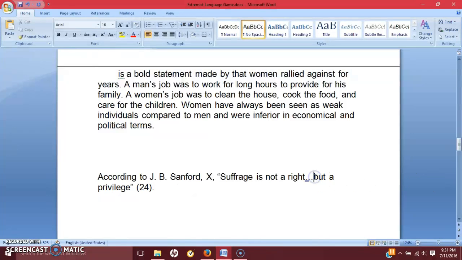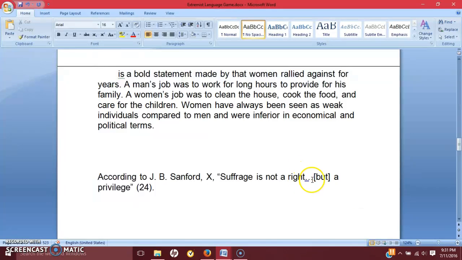What we would do here, if we are altering this in two ways, we took out it is, suffrage is not a right, it is a privilege. So we took out it is here, and we also omitted the period. If you keep the period, then you'll have 3 dots plus a period, so you'll have 4 total, okay?